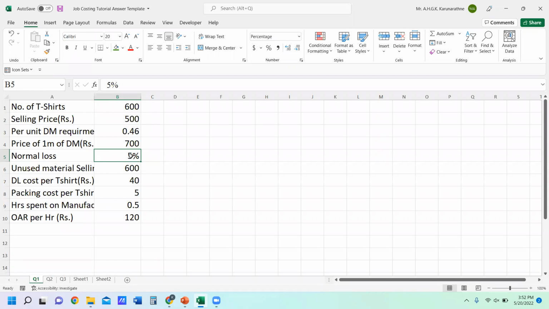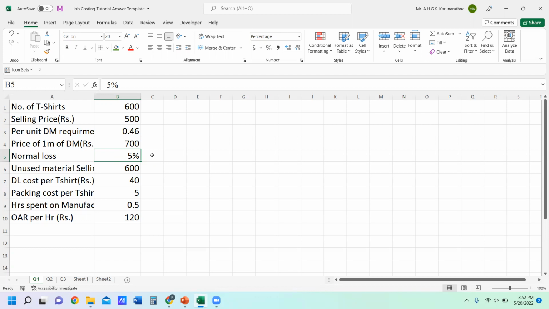Right? If you have some sort of research and development and creative technology, if you can avoid this normal loss, you can be the cost leader and the market leader, because all other manufacturers are experiencing 5% unavoidable losses. By way of research and development, if you can improve your production process so that normal losses can be avoided, you can win the patent right for your production process.